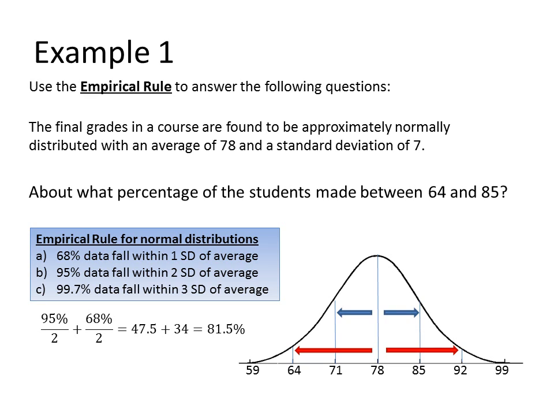If you take the part B here of the empirical rule, and you say, well, 95% of the data are going to be between 64 and 92, and divide that by 2, that's just going to be the region that's here, between 64 and 78, and that's 47.5%. If you do the same thing with the 68% between 71 and 85 and split that into 2, that gives you this region. So adding those together gives us the total percentage between 64 and 85, which is 81.5%.